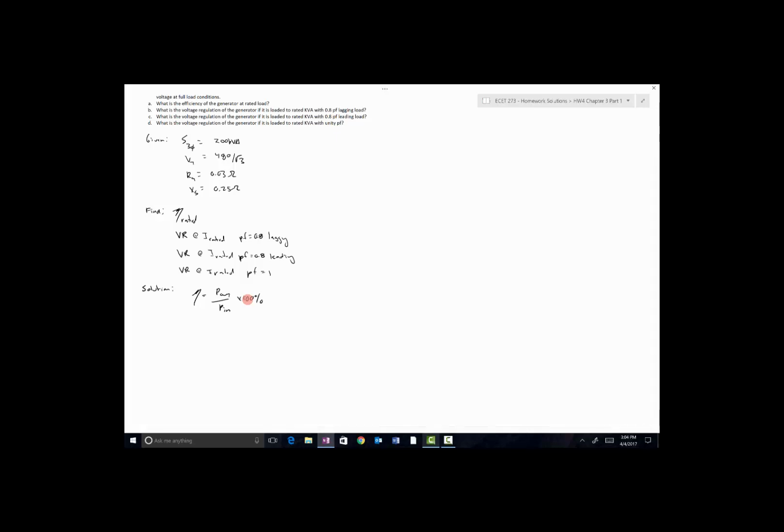P out we calculated in the previous problem as 160 kilowatts, and we calculated P in as 175.208 kilowatts. 200 kVA at 0.8 was the rated condition, so the output power ends up being 160 kilowatts.